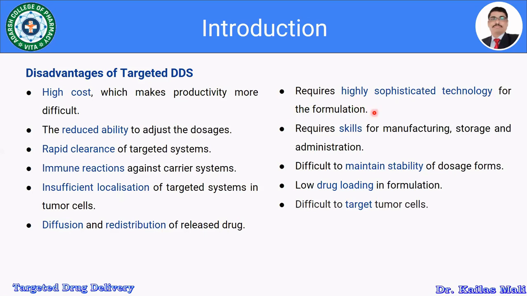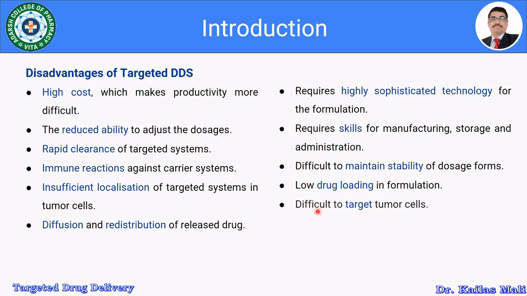If we want to design or develop certain carrier systems, it requires highly sophisticated technology, and skills for manufacturing, then storage, and administration. It is very difficult to maintain the stability of the dosage form, for example liposomes. Then there is a low drug loading in the formulation, as here we are using certain carriers. So low drug loading is one of the major issues related with the targeted drug delivery system.